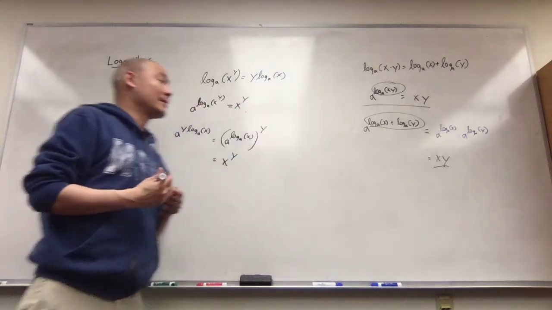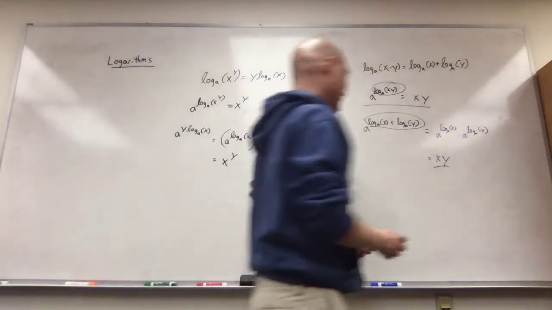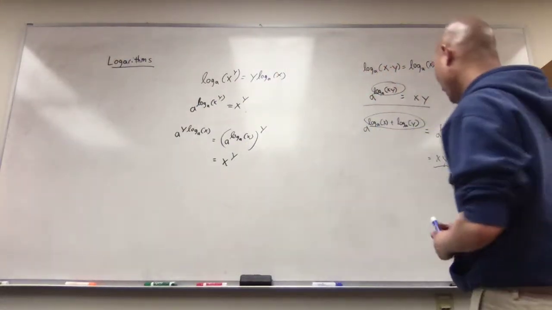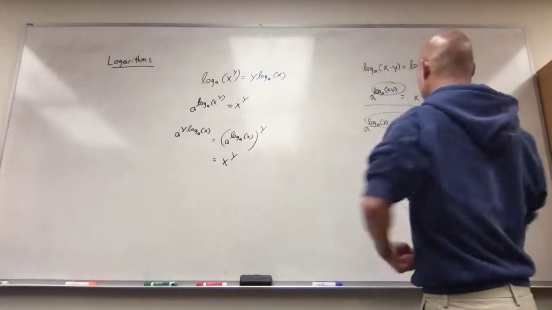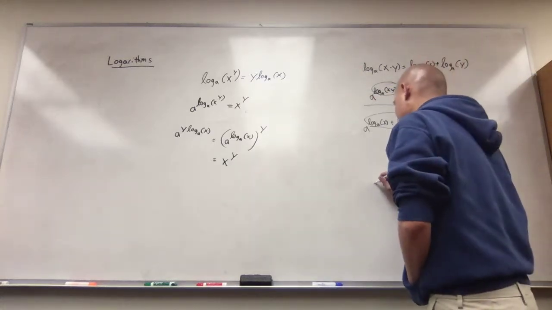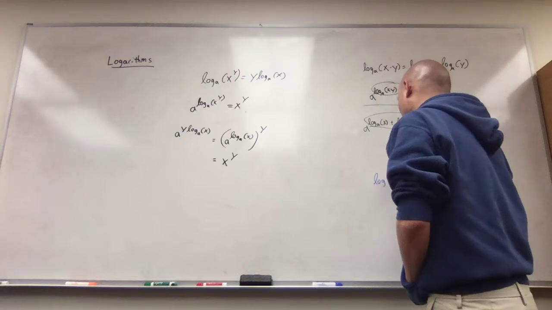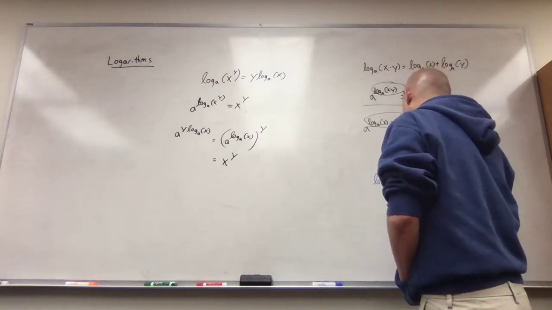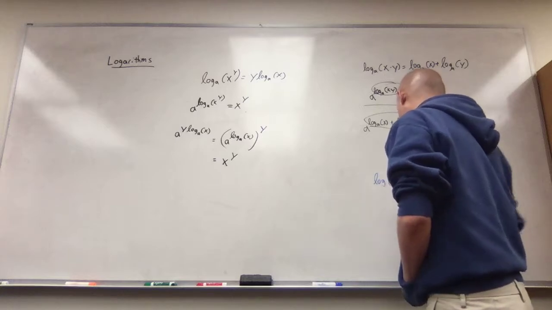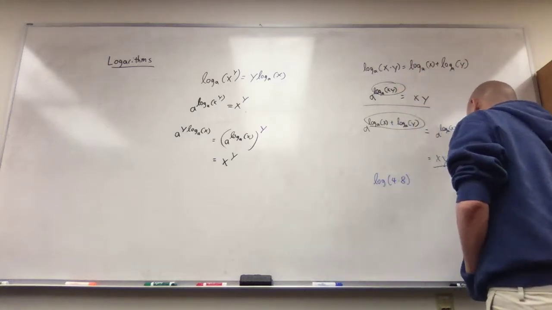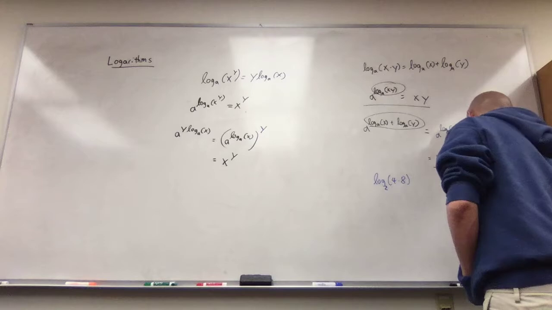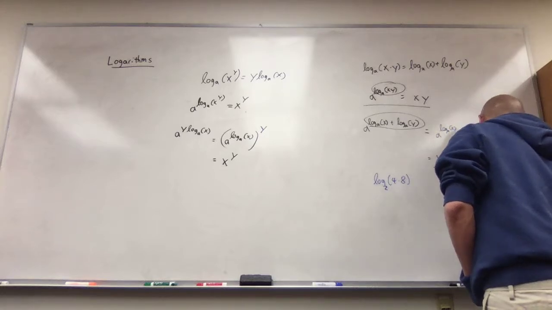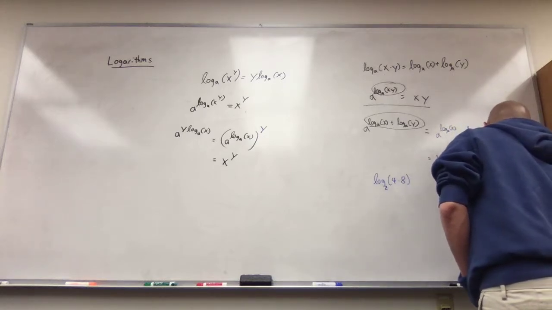Now, maybe to see some examples of these facts, let's compare log base 2 of 4 times 8 and compare it to log base 2 of 4 plus log base 2 of 8.